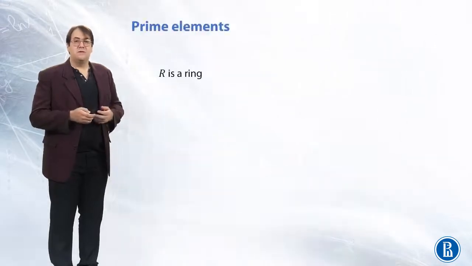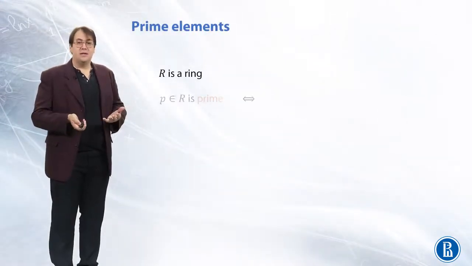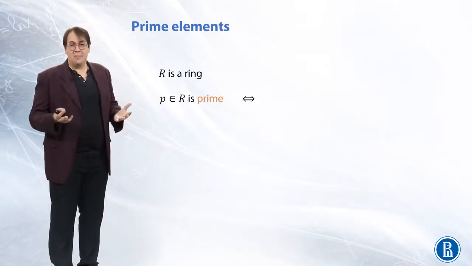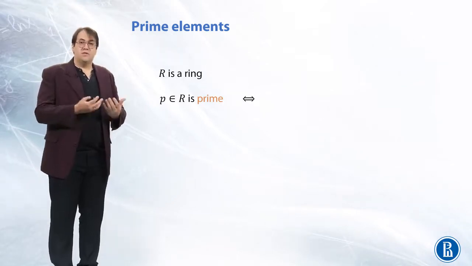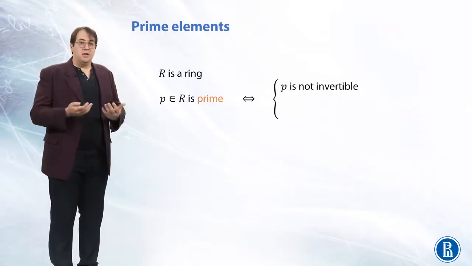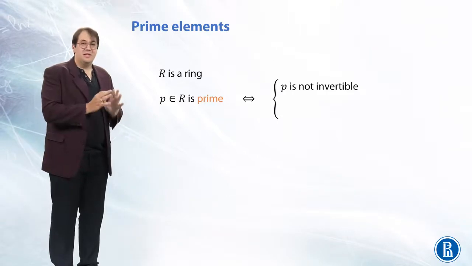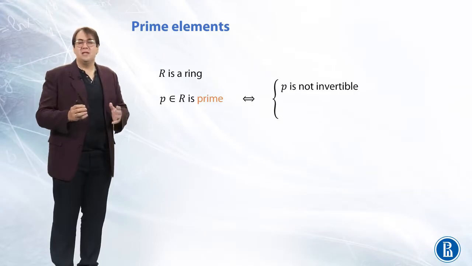Now we should give a definition. Consider a ring, and we say that an element P of this ring is prime if, according to our previous cases, of course, P should not be invertible. Invertible elements, we do not touch them. We just play with other elements that are not invertible.